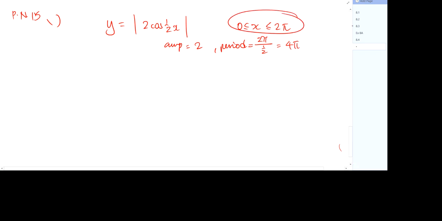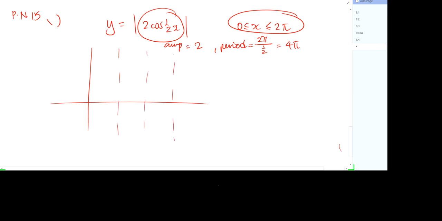So from 0 to 2 pi, do I get one complete cycle? How much of a cycle do I get? Half of a cycle. So I now want to draw my graph of 2 cosine half x first. Break it down into the same usual 4 parts, y and x. 2 cosine half x.